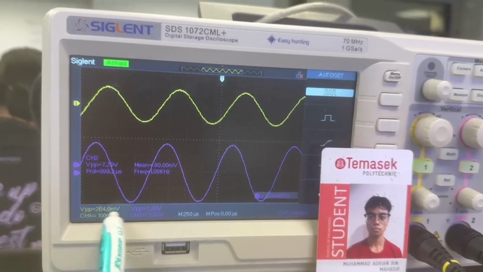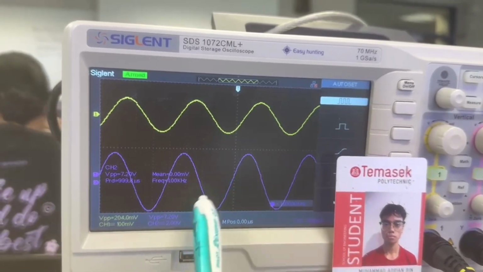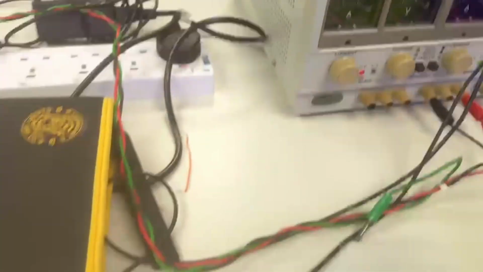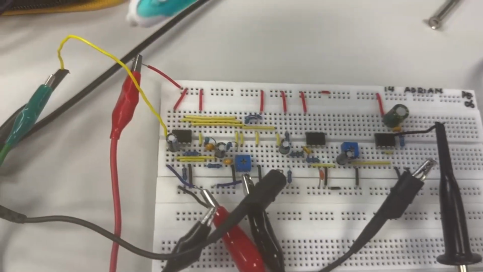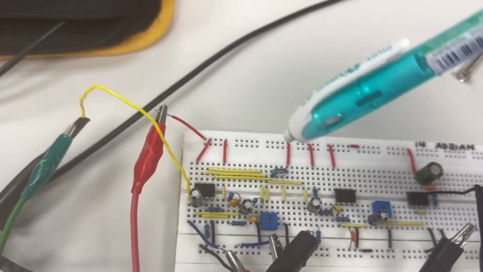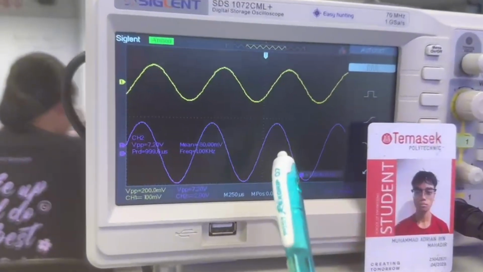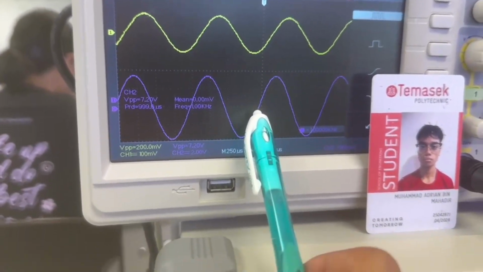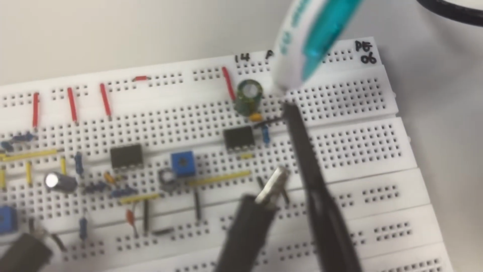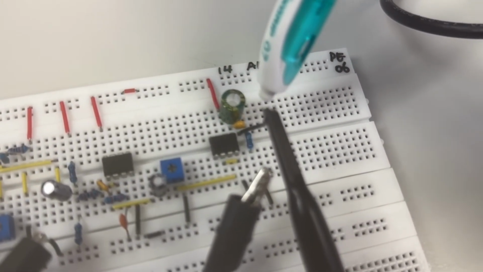When the amplifier attempts to produce an output voltage greater than its supply voltage, it enters saturation, causing the peaks of the sine wave to become flattened. By adjusting potentiometers P1 and P2 slowly and carefully, the gain was reduced until the amplifier returned to its linear operating region. This restored the clipped waveform into a complete and undistorted wave.